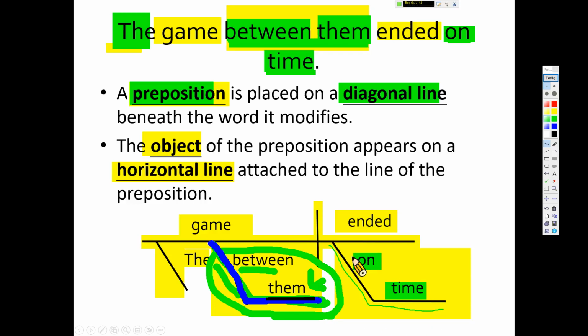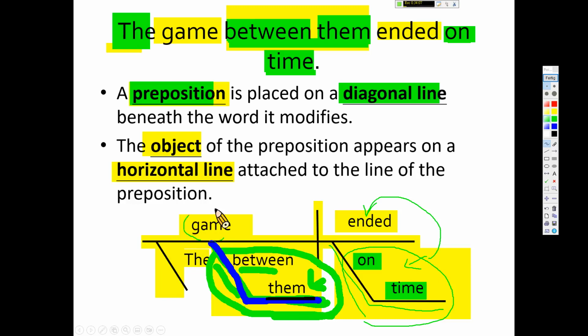We have said that a prepositional phrase can be either an adjective or an adverb, right? So you can see this prepositional phrase is used to modify ended. Ended is a verb, so on time is an adverb.